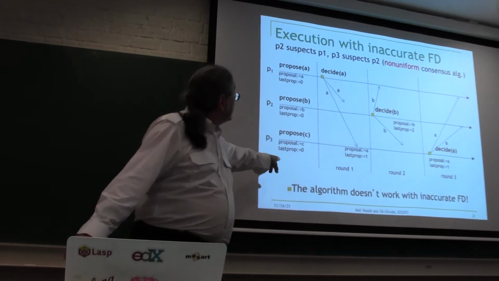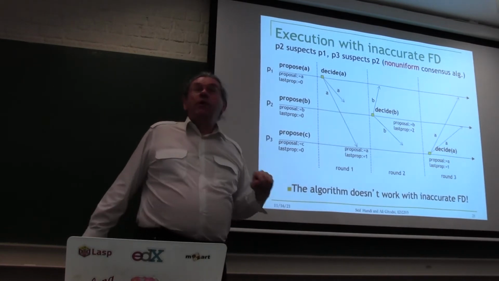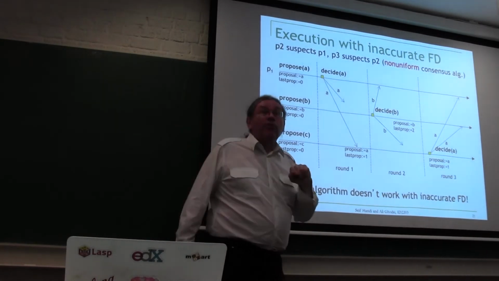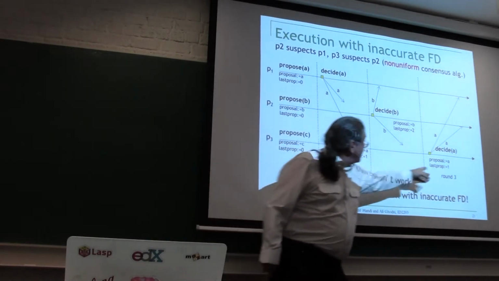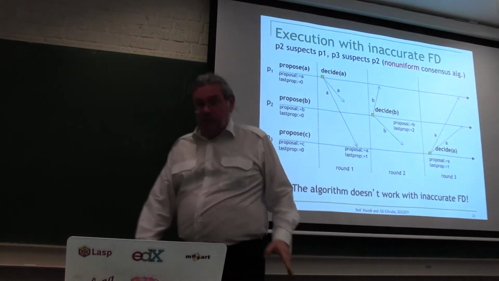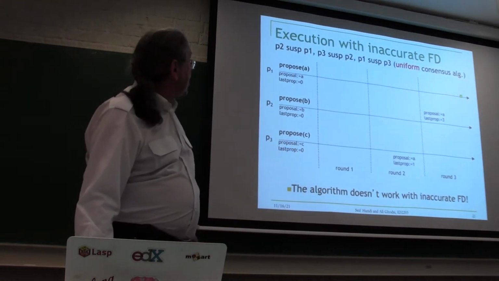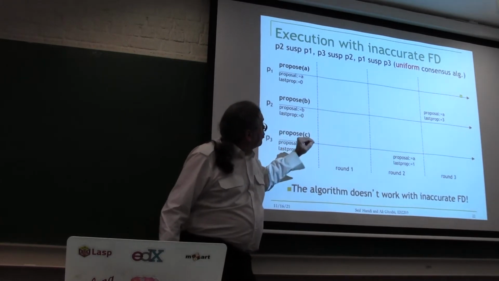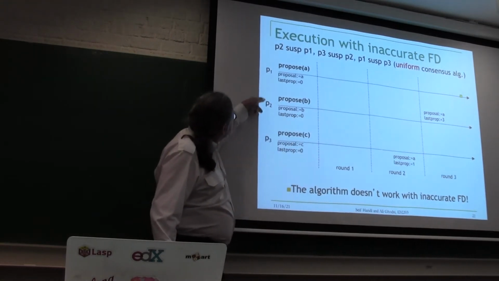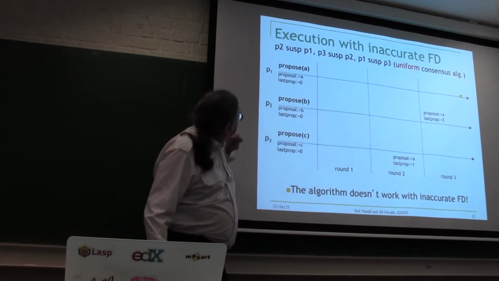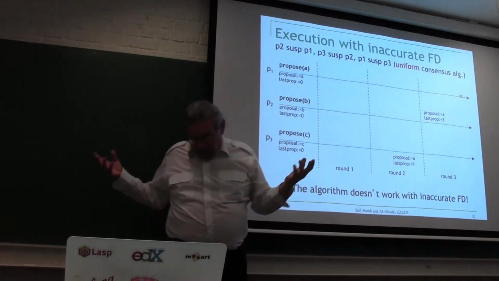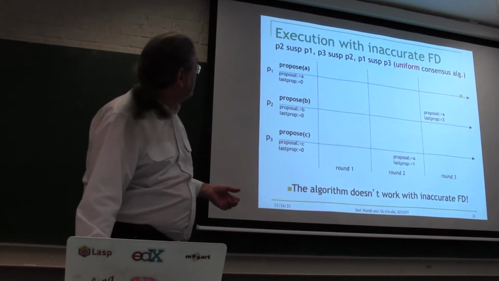Now this is the non-uniform version. We can do the same kind of experiment with the uniform version, which is the one that decides at the end, and we'll see it has the same kind of problems. Here we're going to run the uniform version. P2 suspects P1, P3 suspects P2, and P1 suspects P3. We're allowed to do that.